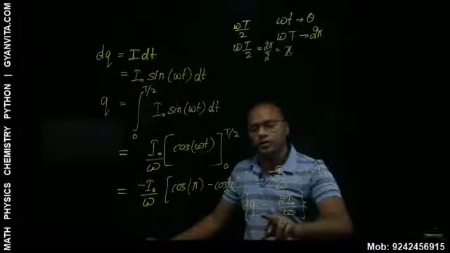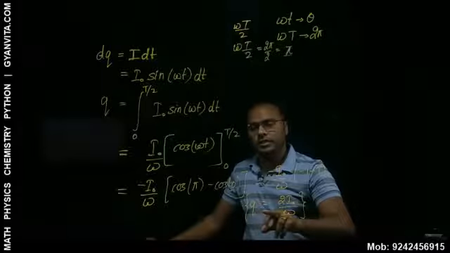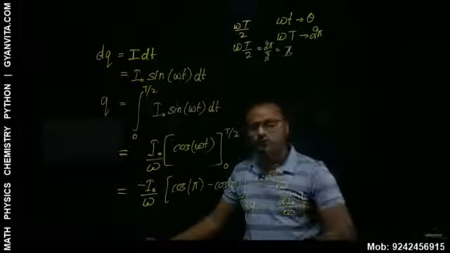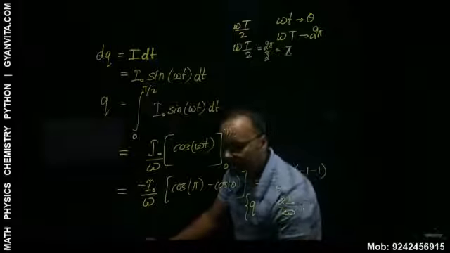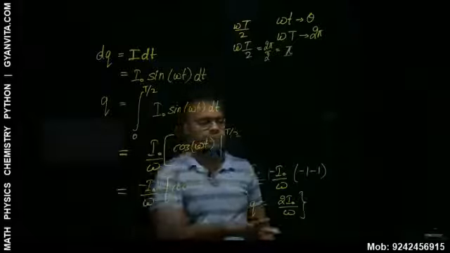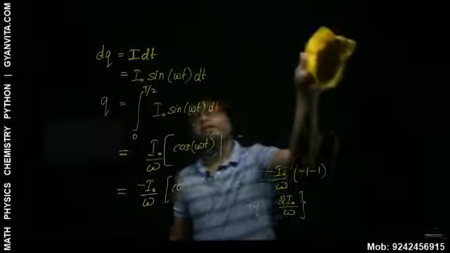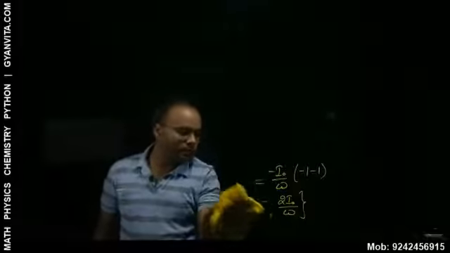This charge which is there in the half, this is the charge which will flow in the first half or in one of the halves of the cycle. One half cycle will have this charge, right? So this is how you derive the amount of charge which flows in a half cycle, and the value of that charge is equal to 2 I naught divided by omega.